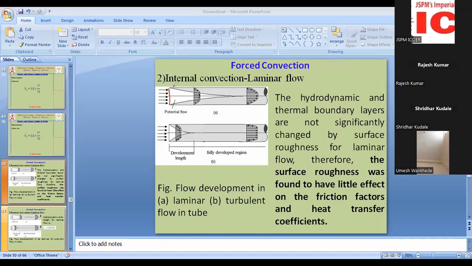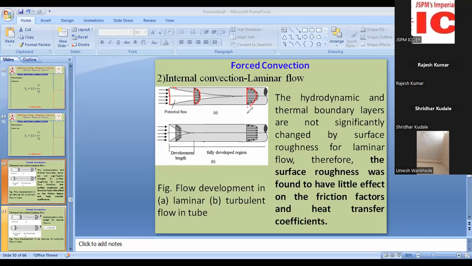Here the velocity is uniform, but as it enters, near the wall we know that the velocity is 0. So the velocity changes from 0 to the velocity with which the fluid is coming. So it slowly forms the velocity profile, because still the flow is not fully developed.